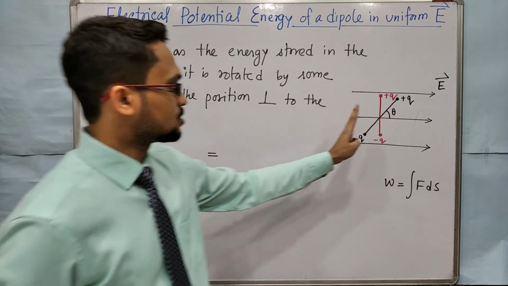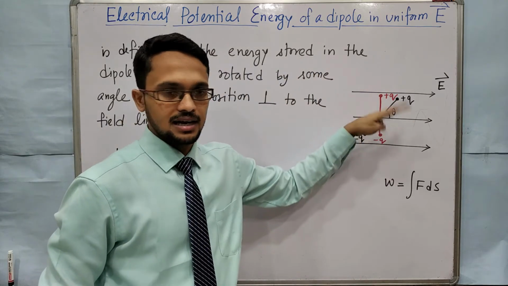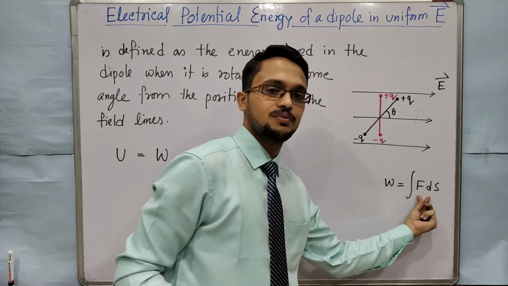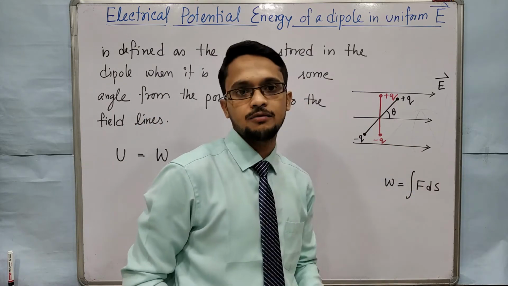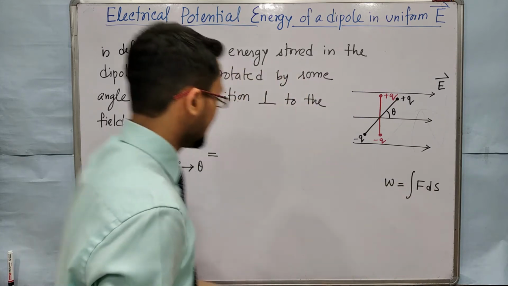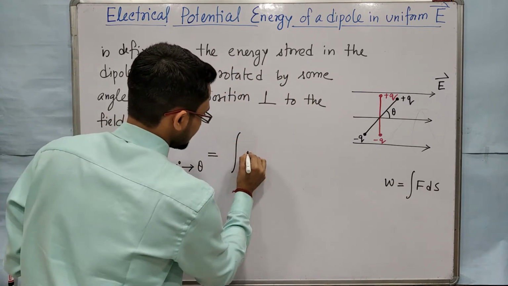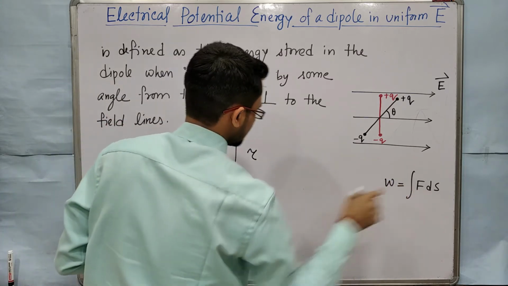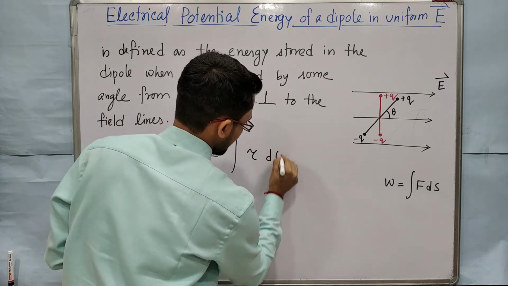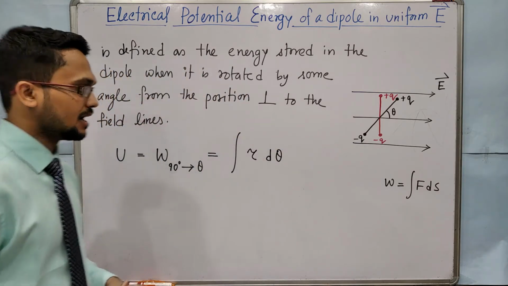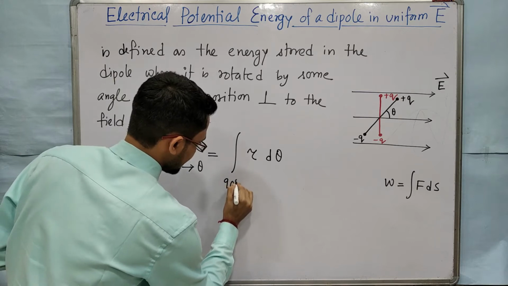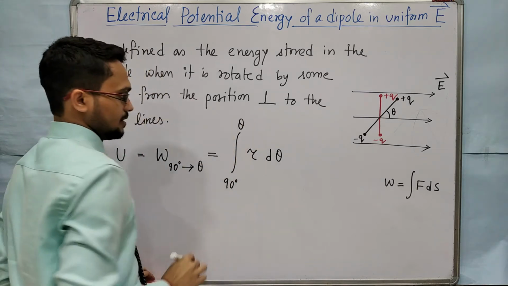Now here the dipole is rotating, that means there is a rotational motion. So we will take the rotational analog of force and the rotational analog of displacement. The rotational analog of force is tau, or torque, and the rotational analog of displacement is angular displacement, that is d theta. The lower limit will be 90 degrees, the upper limit is theta.